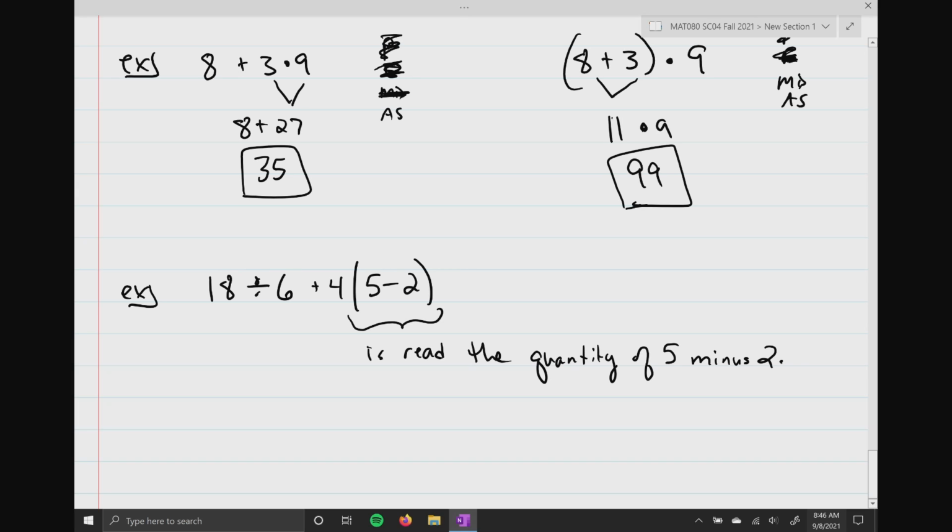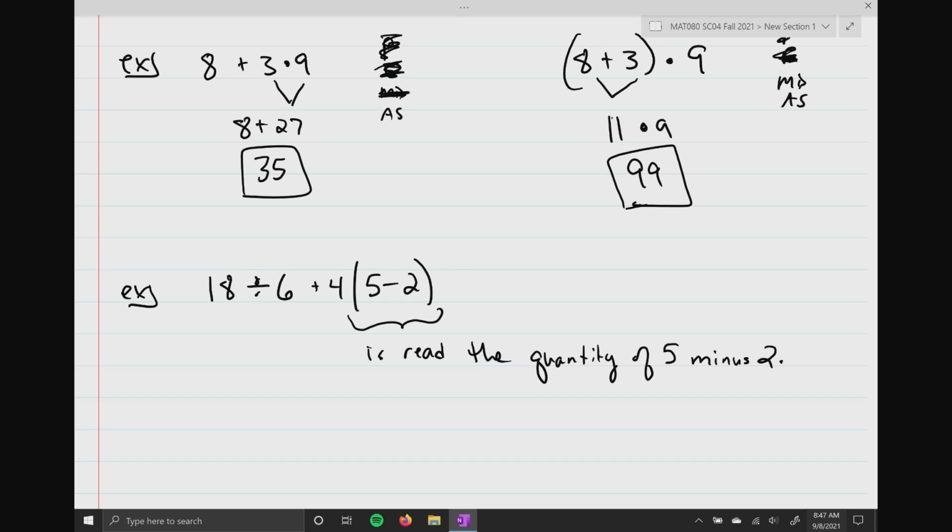So 18 divided by 6 plus 4 times the quantity 5 minus 2. And also, I know I'm really being nitpicky here, but even listen to the way I say it. I don't say it in one breath. It's kind of like I'm reading something: 18 divided by 6 plus 4 times the quantity 5 minus 2. Like I give myself a break. And even by doing something simple like that, you already start to see things.